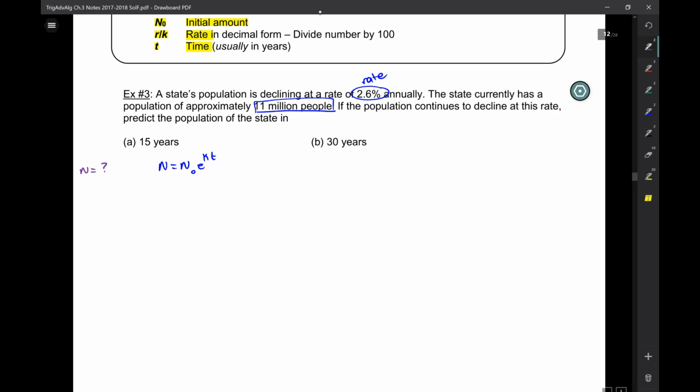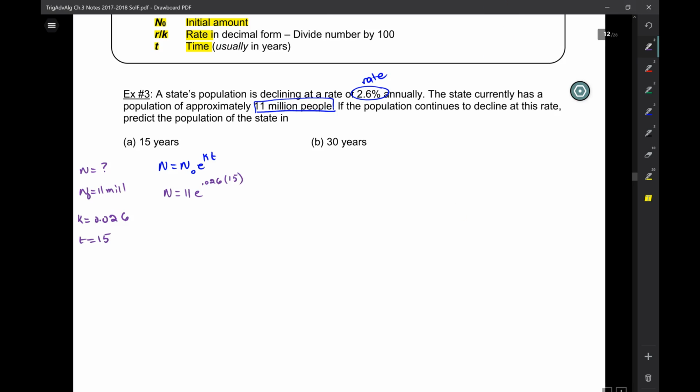N is what we need. N naught is 11 million. K is negative 0.026, T is 15. So N equals, don't put 11 million, just put 11, and then remember your answer is going to be in millions. E to the negative 0.026 times 15.